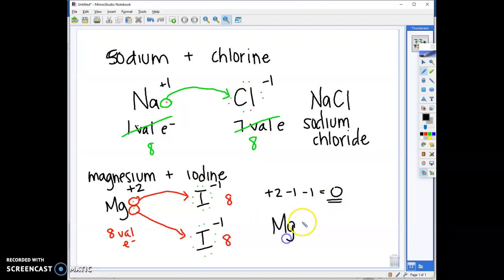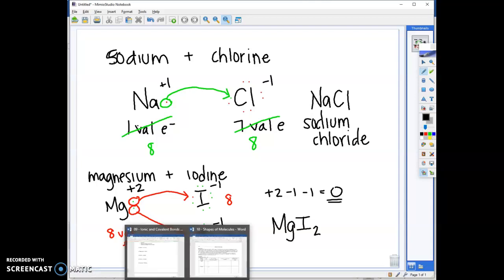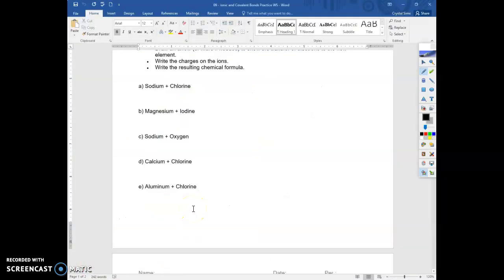So this time our formula is MgI with a subscript 2, because we have to indicate that we have 2 iodine atoms that are going to have to be combined with magnesium in order to make this an overall neutral compound. Okay, so that's how you do Lewis dot structures when we're looking at ionic bonds.